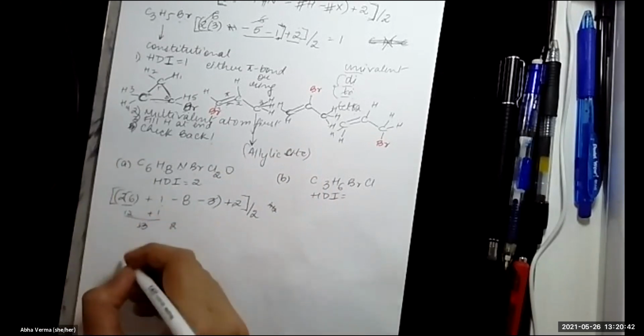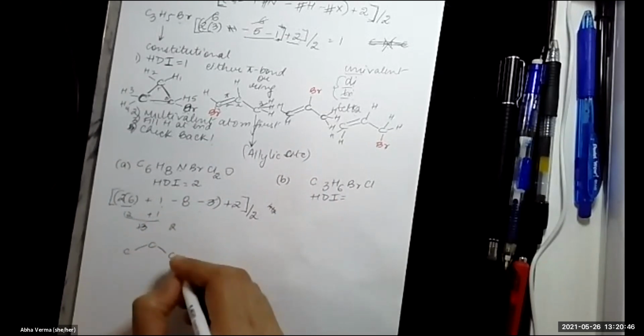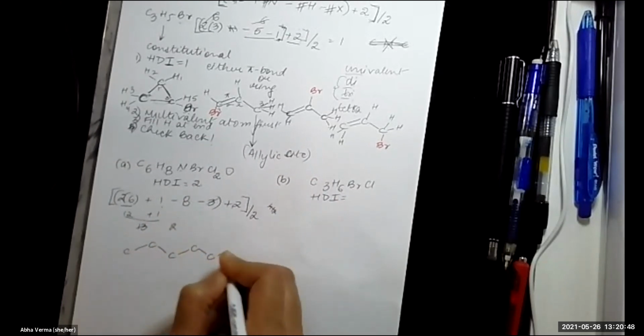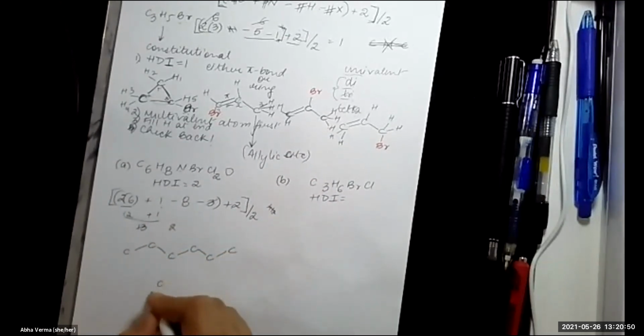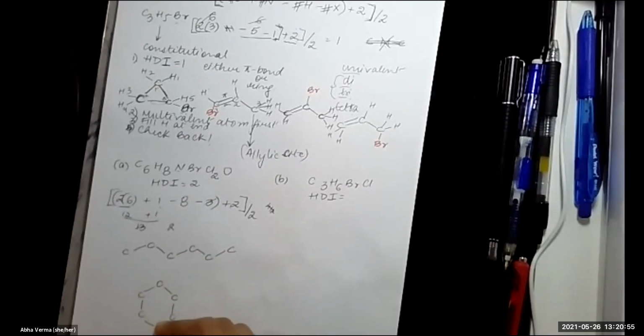Definitely a ring or a pi bond can be present, or both. One ring can be present. So I'm going to draw a linear structure first. 1, 2, 3, 4, 5, 6. And I will also draw a ring structure.